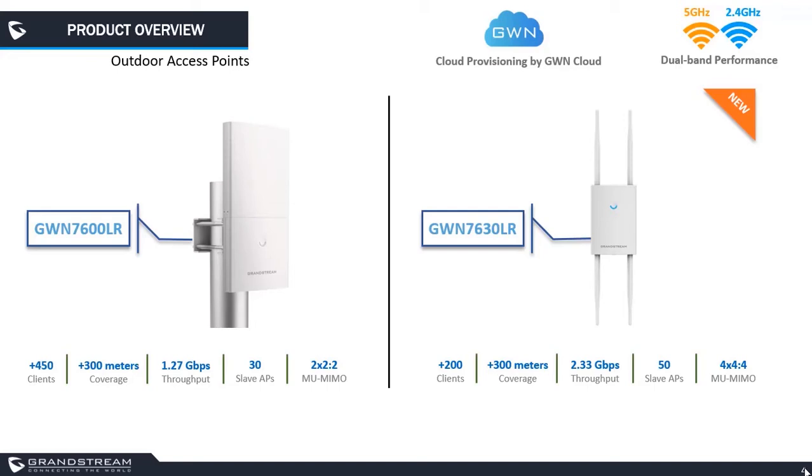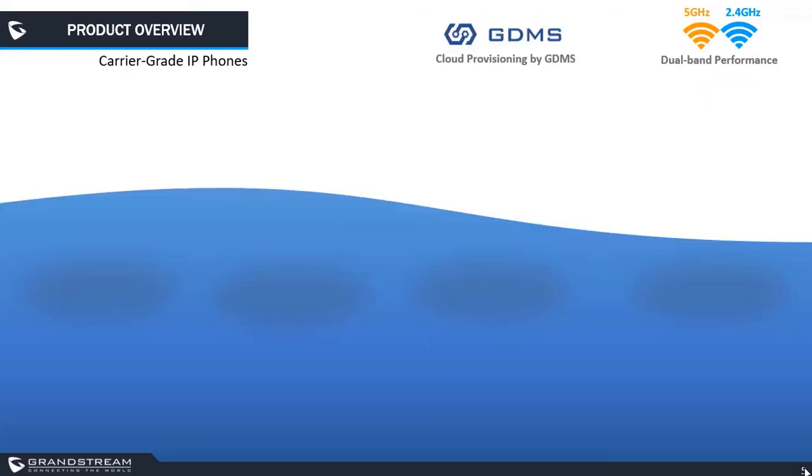They also offer QoS, advanced QoS actually, mesh networks, wireless bridges, captive portal, social media authentication, and many other features that you can take advantage of using the web interface of these access points.